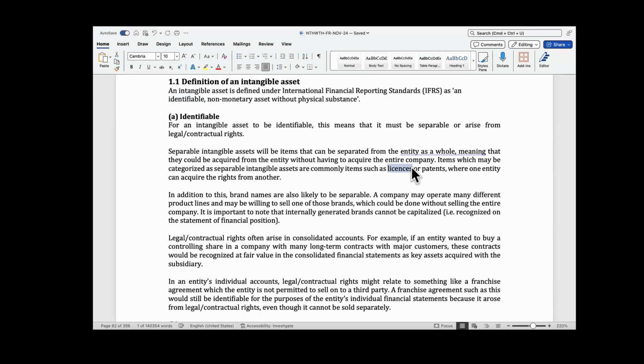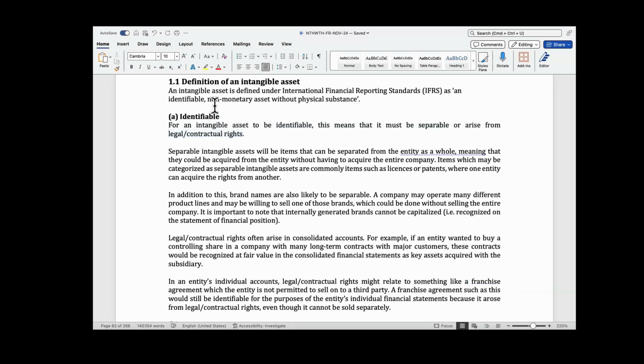Also, identifiability can arise from legal or contractual rights. I gave you the example that if you buy a franchise, it is an intangible asset to you, the buyer, but it is arising from legal or contractual rights. Or you acquire a subsidiary that has a lot of customer contracts. It is an intangible asset arising from contractual rights. So identifiability can arise either from being separable or from legal or contractual rights.